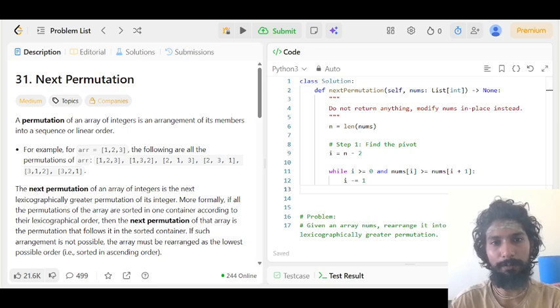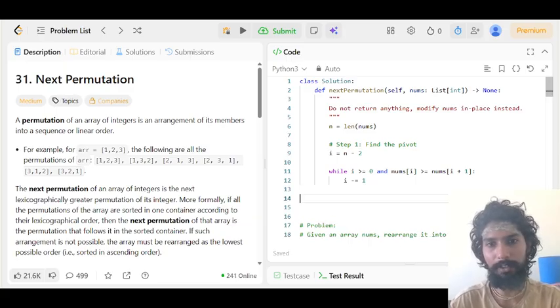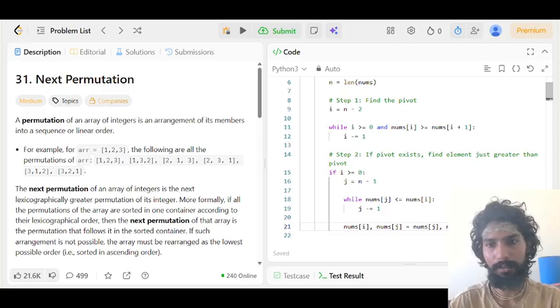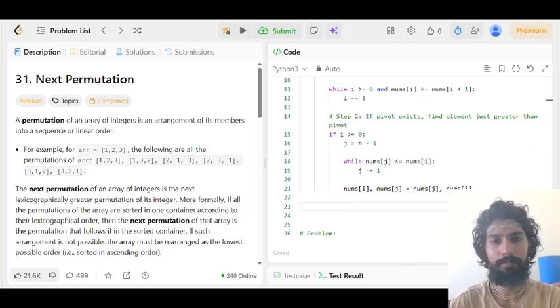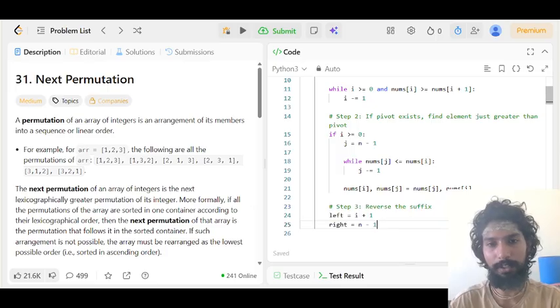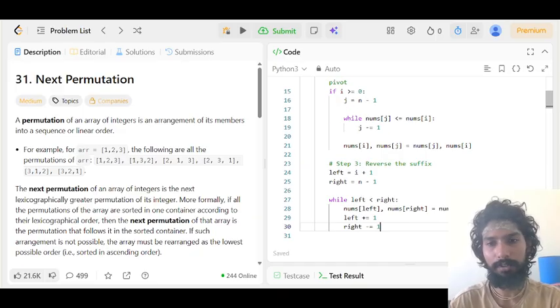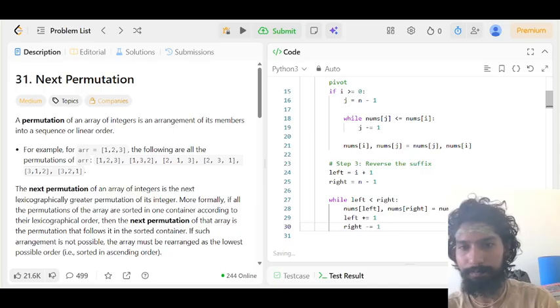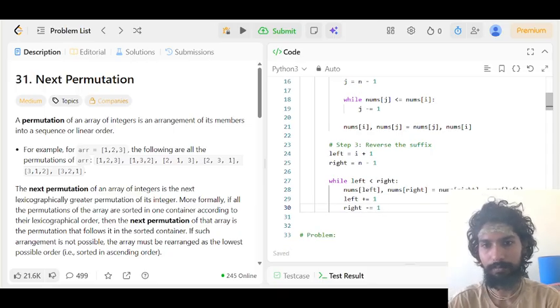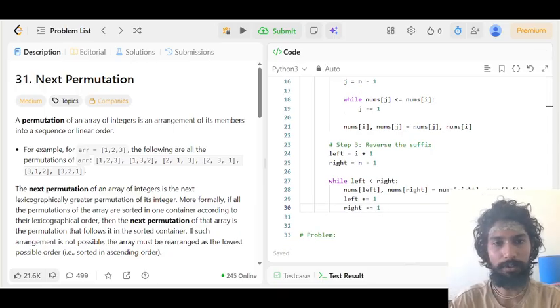Then the second step is if pivot exists, then find the element just greater than pivot. Now step 3 is we need to reverse the suffix. So for reversing, we initialize two variables, left equal to i plus 1 and right equal to n minus 1. And while left is less than right, we keep on swapping them. So this is our code.